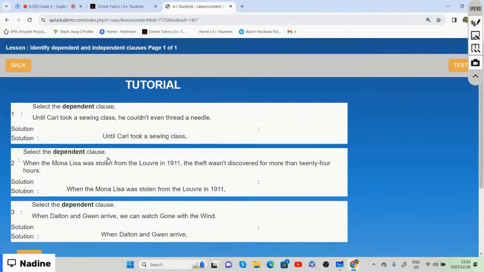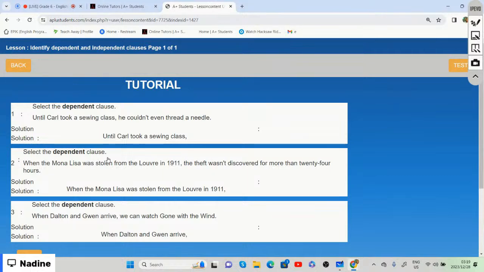It's where we put the independent and the dependent clause together in one sentence. And the dependent clause, which cannot stand on its own, usually starts with a subordinating conjunction.